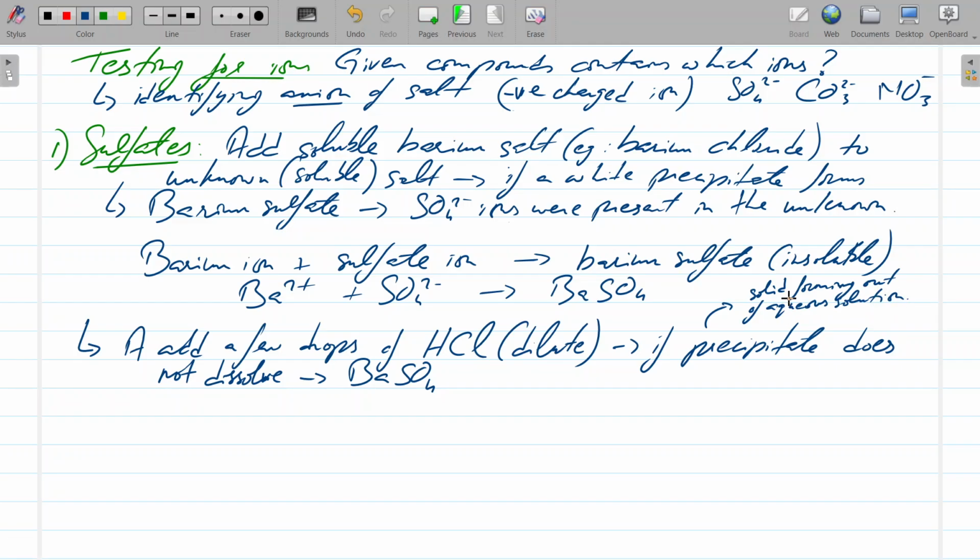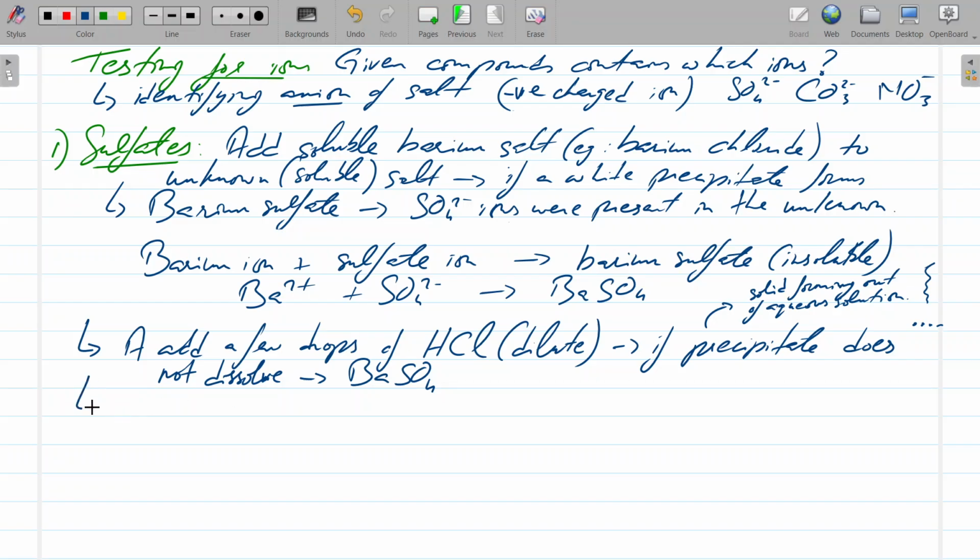So you're mixing two liquids together and a solid is forming. That solid might stay suspended in the liquid, or it might settle to the bottom of the apparatus. It depends, but that's what's called a precipitate.